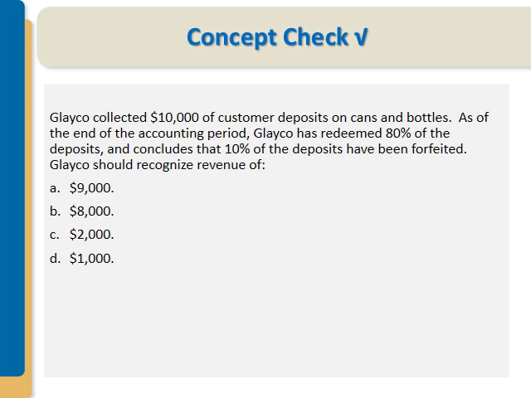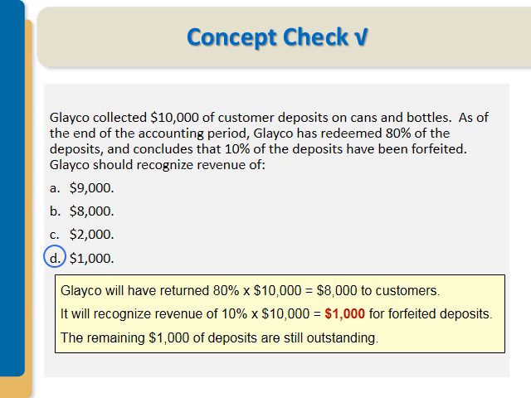Glaco should recognize revenue of... Glaco will have returned 80% of the $8,000 to customers. It will recognize revenue of 10%. 10% times $10,000 equals $1,000 for forfeited deposits. The remaining $1,000 of deposits are still outstanding.